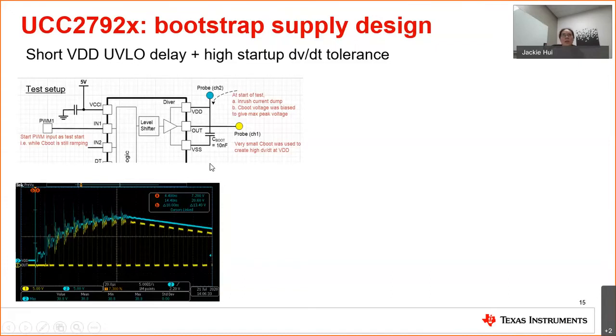To run this test, we intentionally use a very small boot cap, 10 nanofarad, and we have a test circuit allowing an inrush charge current to be dumped into this boot cap in a very short period of time. At the same time, we also start switching one of the inputs the moment we start dumping the current to the boot cap. So during the ramp-up of VDD, we start switching as well, and we test how this driver reacts to this type of setup.